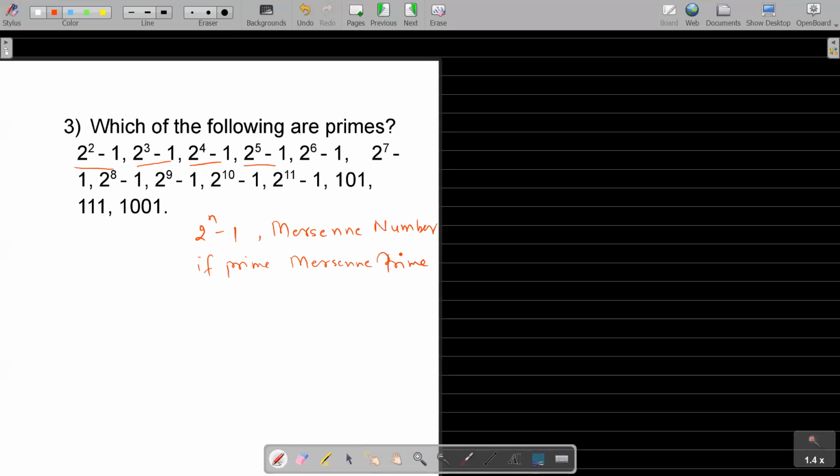Okay. Now, a simple but nice result about these numbers is: if n is composite, and I want to verify this fact through all these examples, if n is composite, then 2 raised to n minus 1 is also composite.